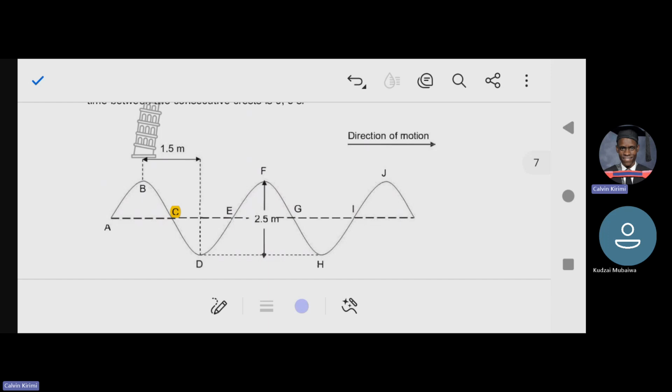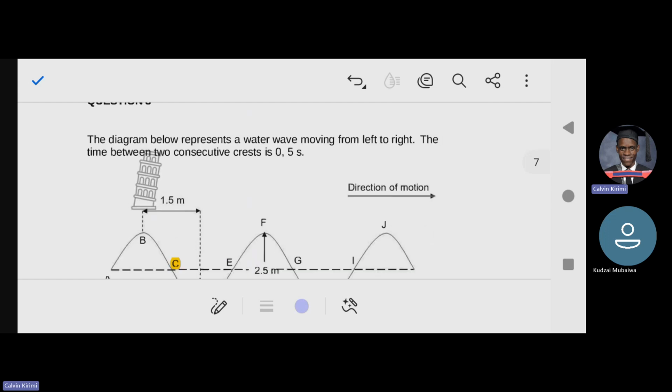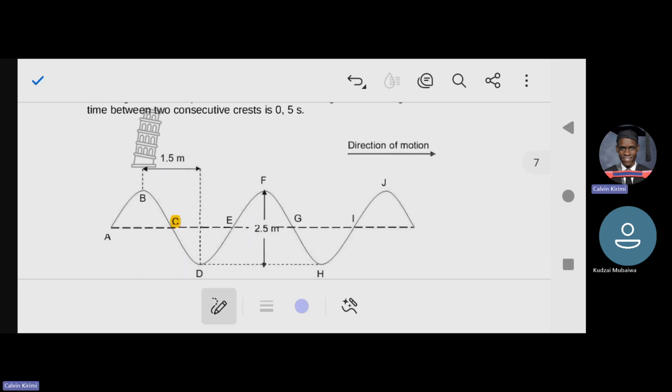So we said if 0.5 seconds is the time between 2 consecutive crests, then from one crest we move and touch another crest. That is already a wavelength, 0.5 seconds. It's already a cycle.